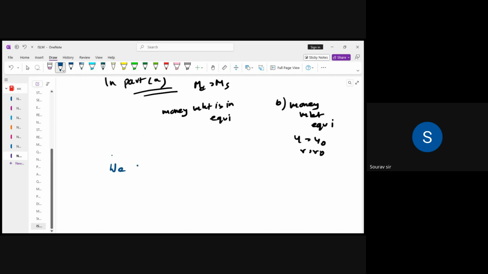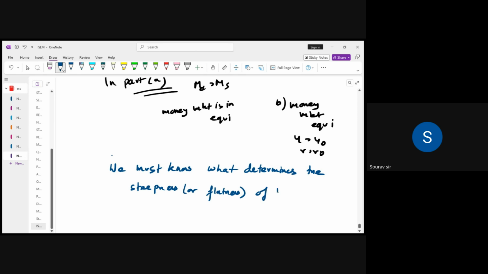We must know what determines the steepness or flatness of the curve. Why?